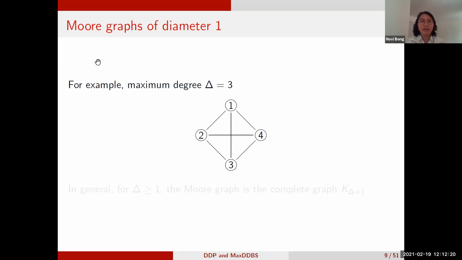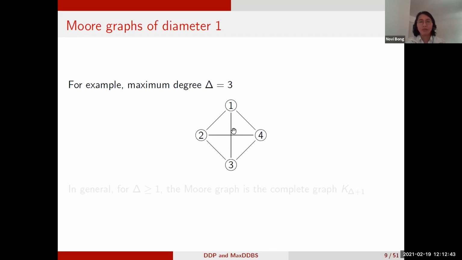So here is a Moore graph of diameter 1. We start from the root, and then we can have 3 connections, because we take the example that the maximum degree is 3. Then we have to connect these 3 vertices here.